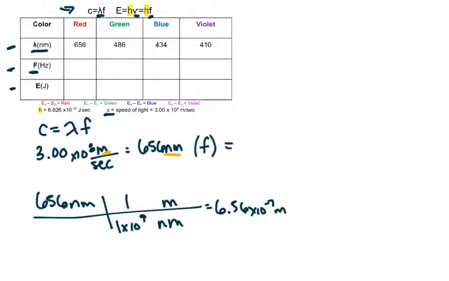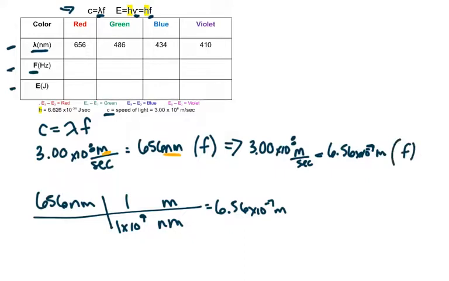So again, to solve for this, I'm going to do 3.00 times 10 to the 8th meters per second, and that equals 6.56 times 10 to the negative 7 meters, and then I'm going to multiply that by frequency. So I'm going to divide both sides by 6.56 times 10 to the negative 7 meters.